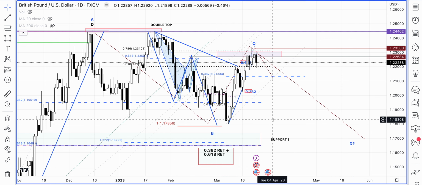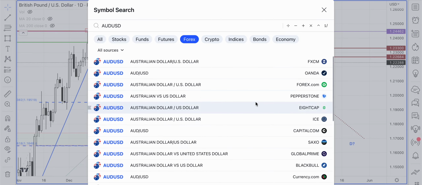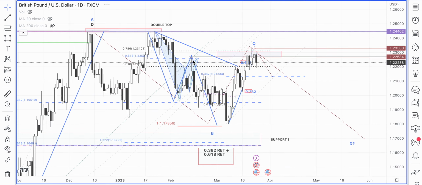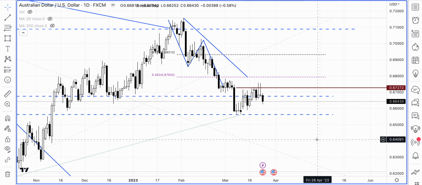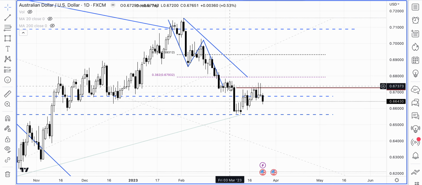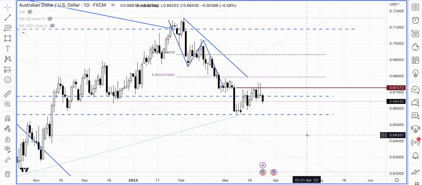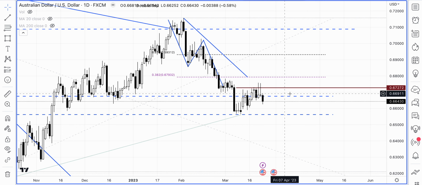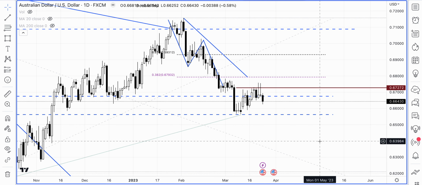Okay, all right guys, let's take a look at the Aussie dollar. The Aussie dollar went right up to this level which we had identified in advance, 0.6727, and it had found pretty strong resistance over there.